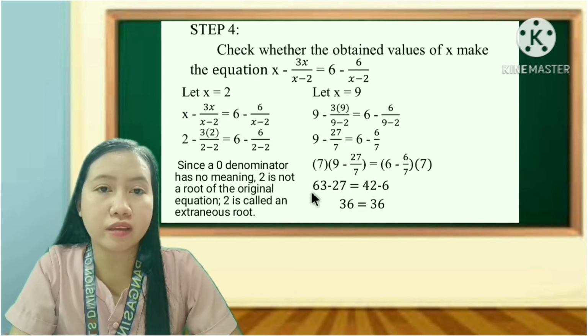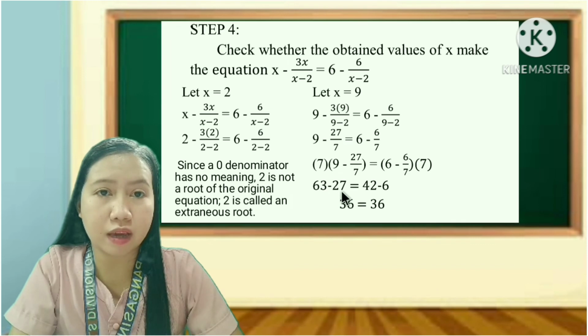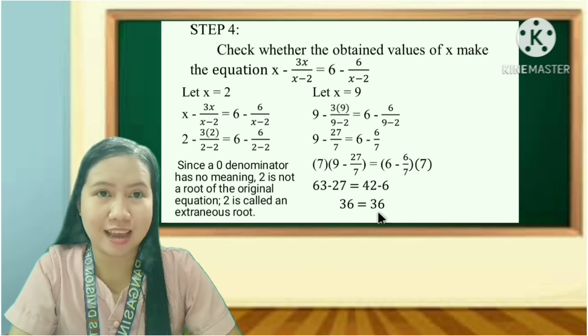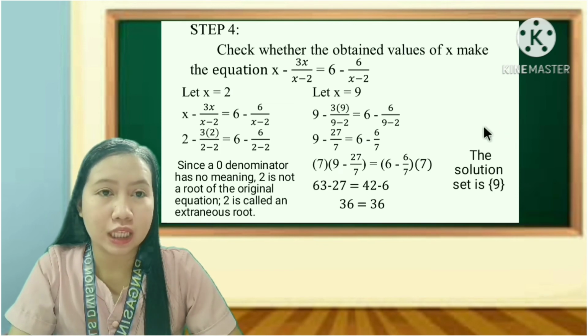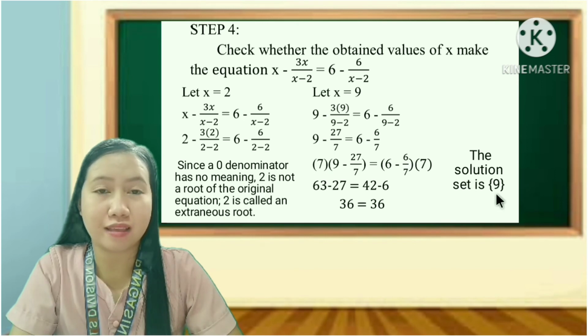Okay, next, 63 minus 27, that is 36. And 42 minus 6, and that is also 36. Therefore, our conclusion is the solution set is positive 9.